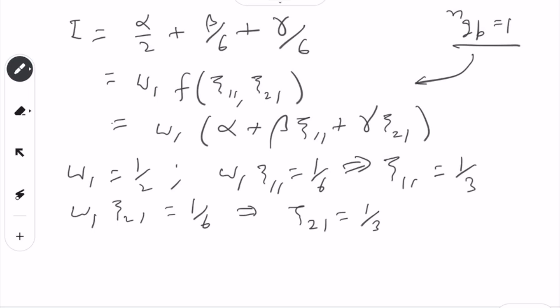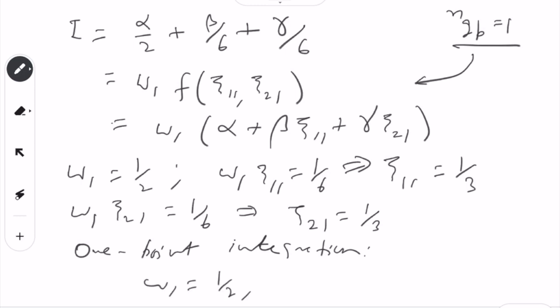So, this is what we get. For 1 point integration, we get W1 equal to half, and xi 1 equal to xi 2 equal to 1 over 3. Yeah. So, this is how we can do triangular.